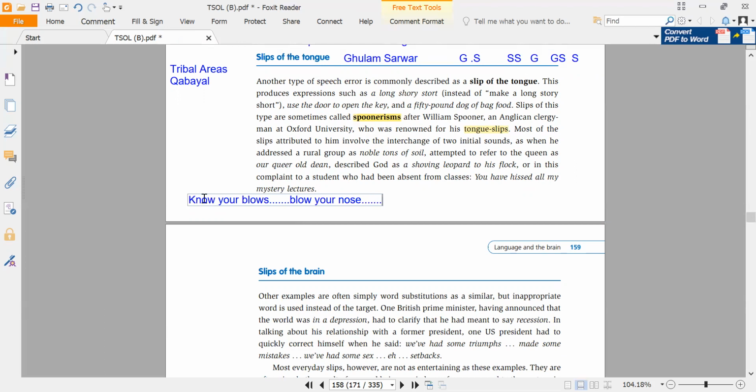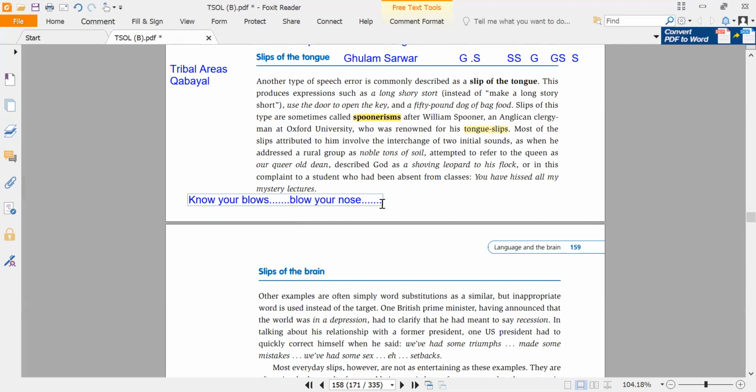You see, we have the n sound in the beginning of "no," and in the beginning of "blows" we have the b sound. So these are exchanged, these are reversed, right? And as a result, instead of "no" we have "blow," and instead of "blows" we have "nose." So this b and n sound are exchanged. The initial sounds of two or more words are exchanged, right?